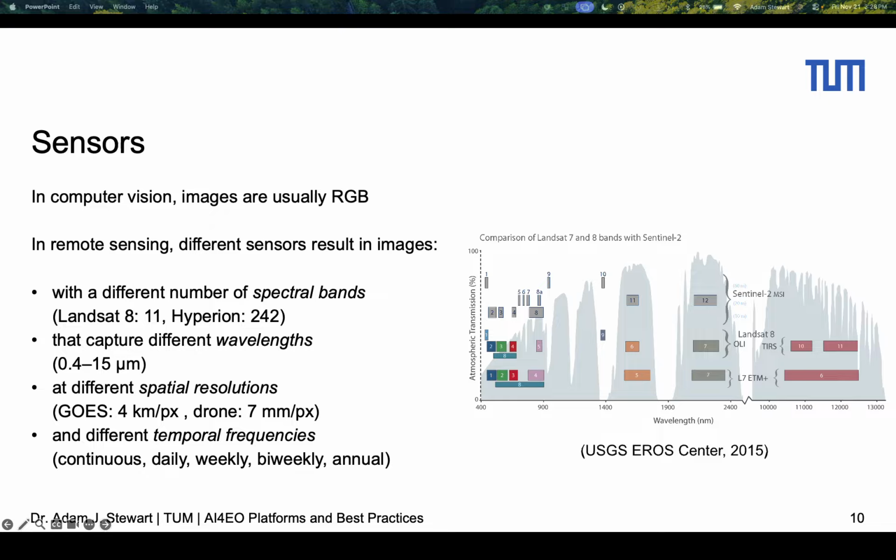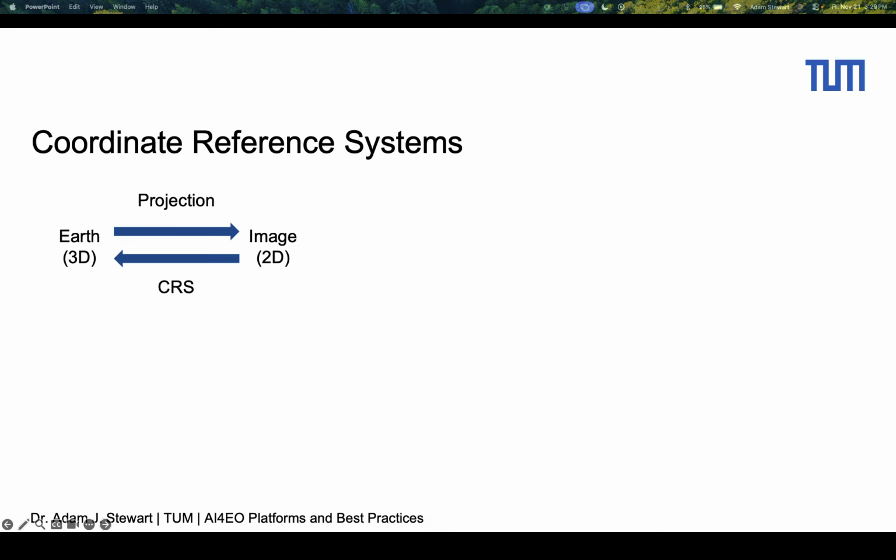Okay, so this is one of the things that makes remote sensing challenging. The bigger thing, and for any of you in GIS you already know this quite well, is that we have to deal with coordinate reference systems. The Earth is a 3-dimensional sphere, more or less, but our images are 2-dimensional. So when we take an image of the Earth, we are losing a little bit of that 3D curvature.